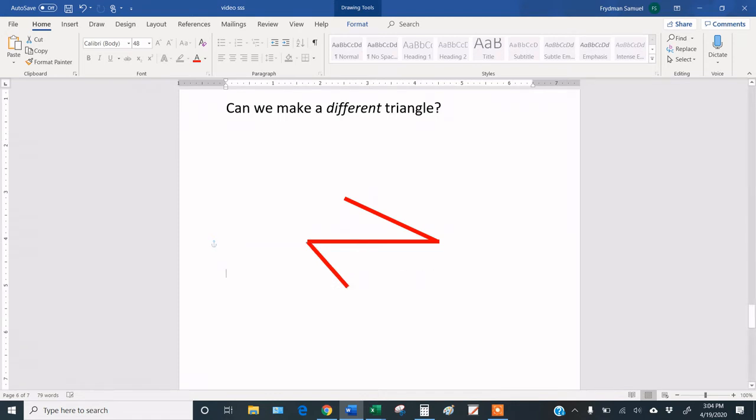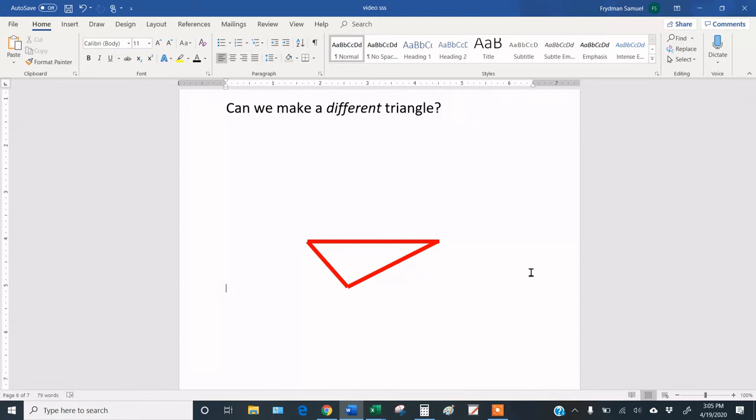So let's rotate it to about there. And we're also allowed to change this angle. So let's see. I can take this side and rotate it. Again, I'm doing my best not to change how long that side is. I'll rotate it to meet that one over here. Now, oh, look at that. I made a triangle.